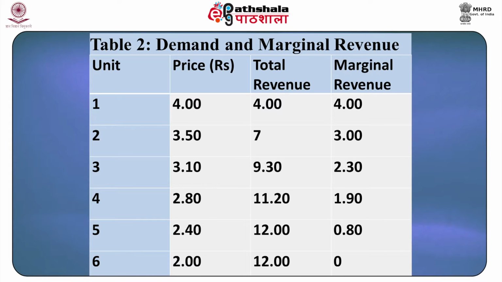Hence, MR is rupees 3 in this case, or the additional revenue earned by selling an extra unit is less than the price. You should verify the relation between price and MR for the third, fourth and fifth units for yourself based on this data.